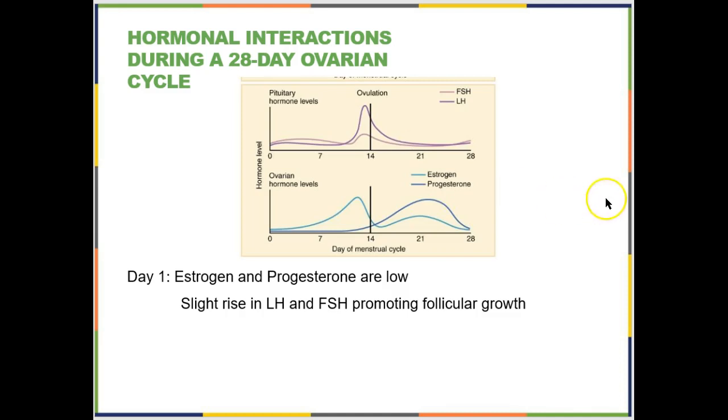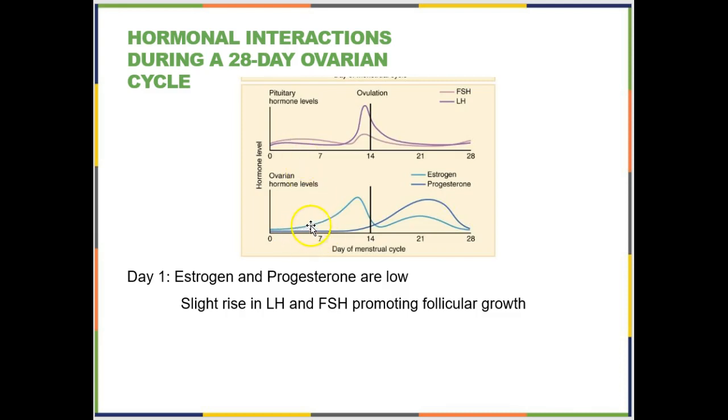So in the beginning, this is just our hormones here. We have relatively low levels of estrogen and progesterone. And compared to the end of the previous cycle, you've got somewhat elevated levels of LH and FSH. So this is promoting follicular growth.